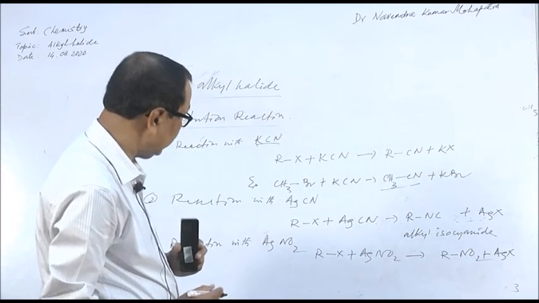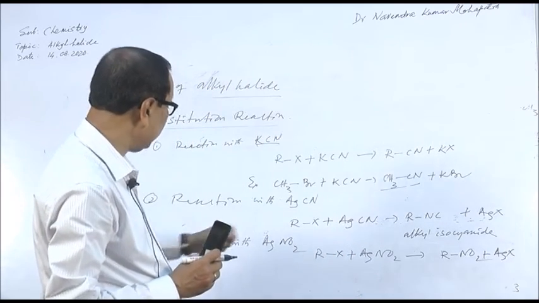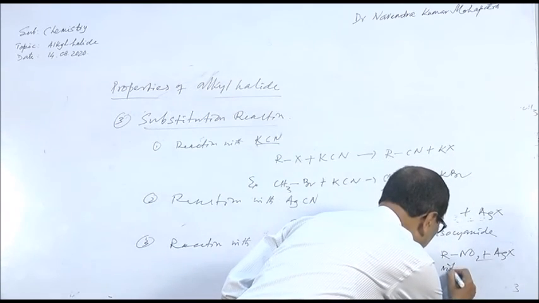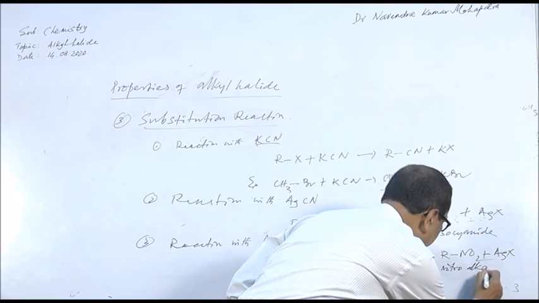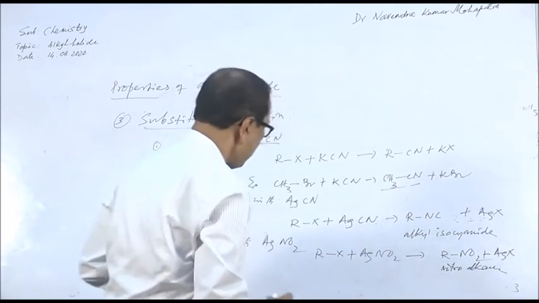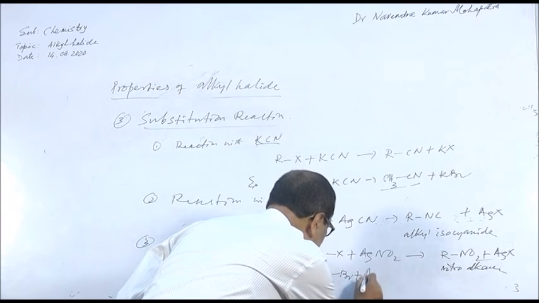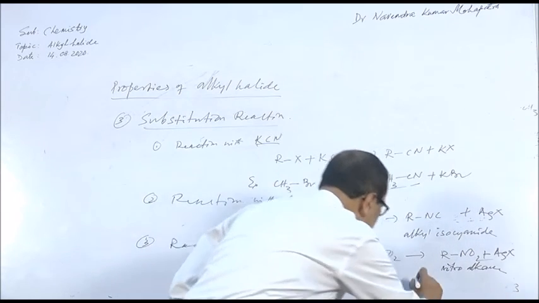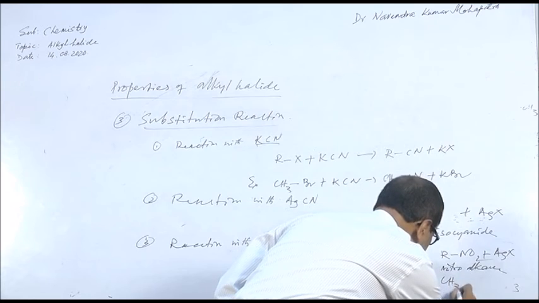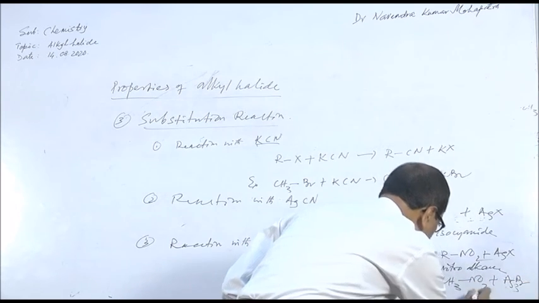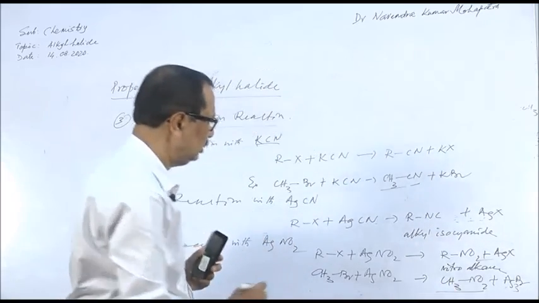Alkyl halide reacts with silver nitrite to give you nitroalkane. For example, CH3Br plus AgNO2 gives you CH3NO2 plus AgBr. This is called nitromethane.